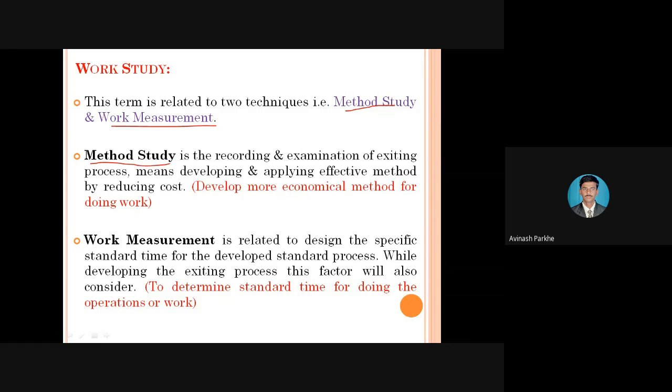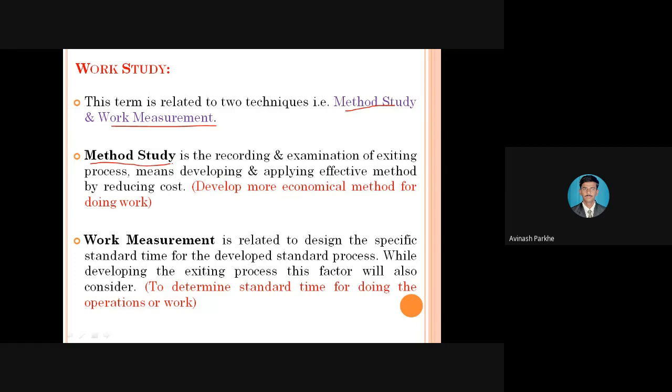If we have to manufacture a new product, we have to prepare a new technique to manufacture that particular product. While developing the new technique, at that time we have to consider the concept of method study.